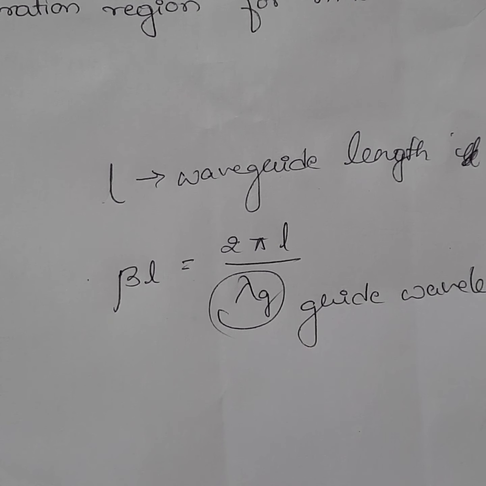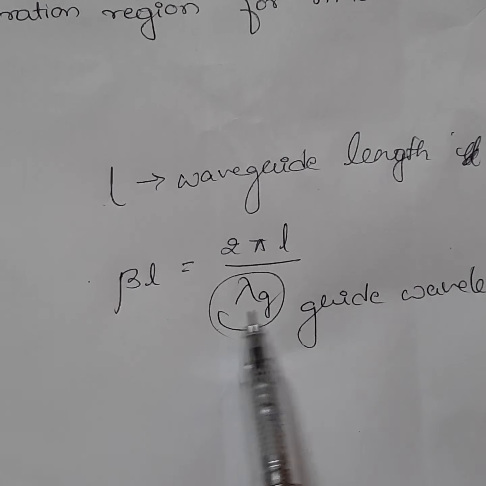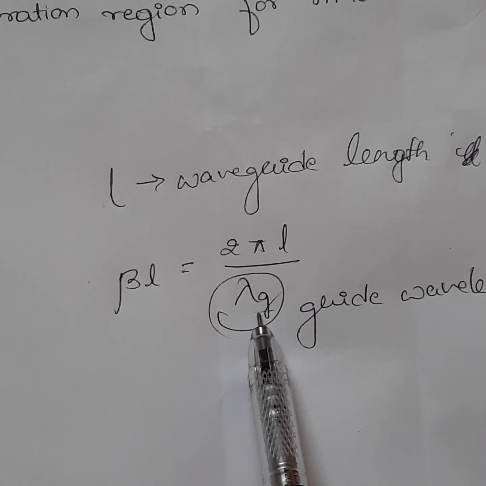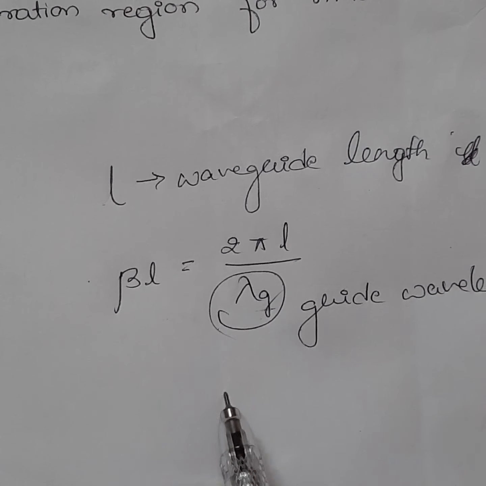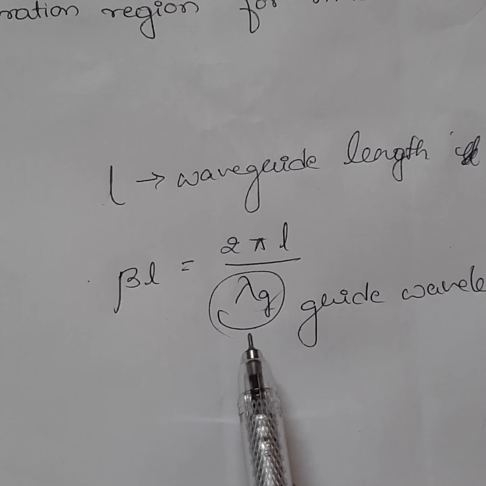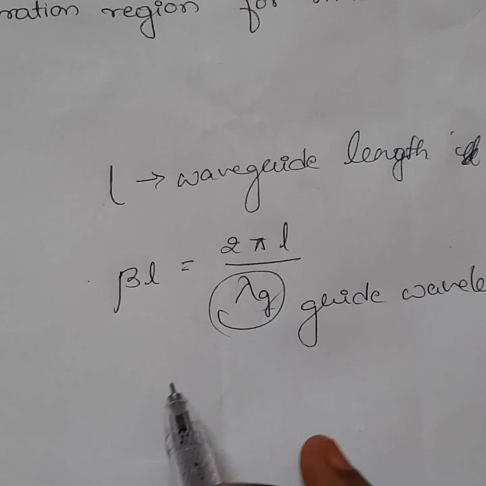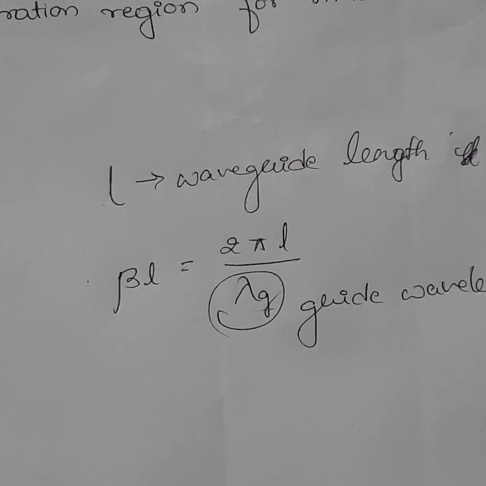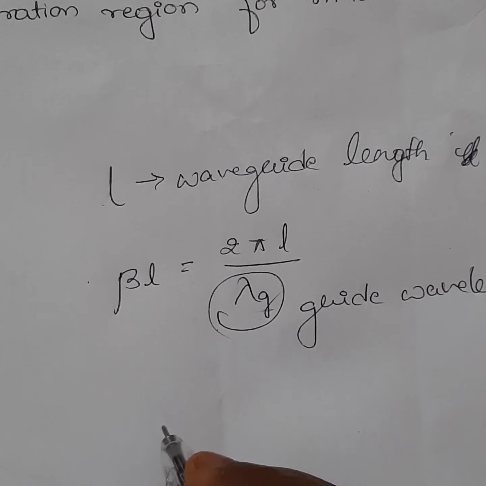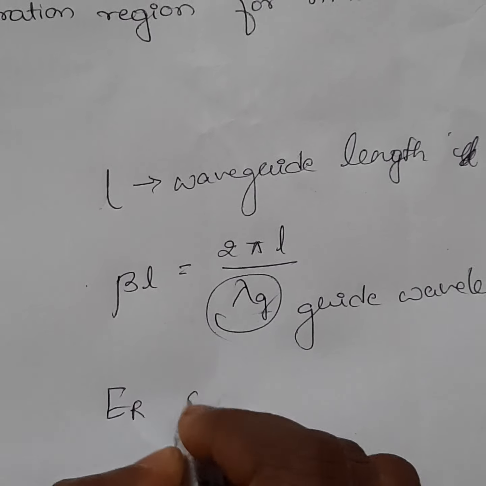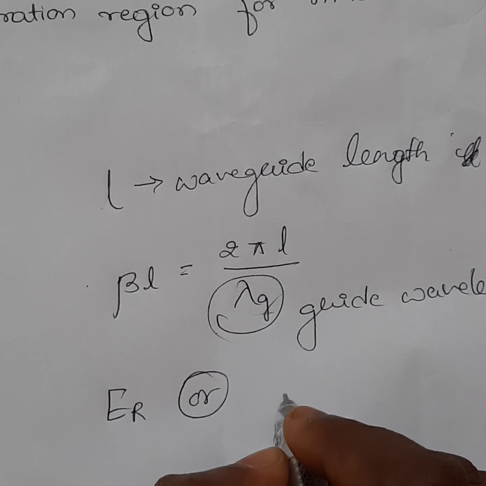So the phase can be controlled by varying lambda g, that is, by varying either the epsilon r or the guide width a.